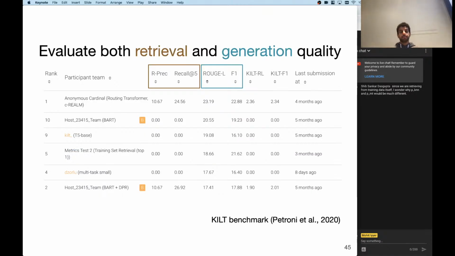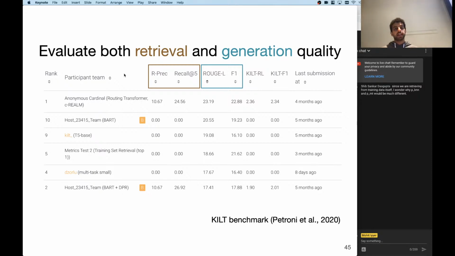Okay, so these kinds of tasks are evaluated by both retrieval quality as well as generation quality. They evaluate retrieval by the team who collected this data set manually annotated several test set questions with the documents that you would need to retrieve from Wikipedia to have the relevant background knowledge necessary to answer this question.